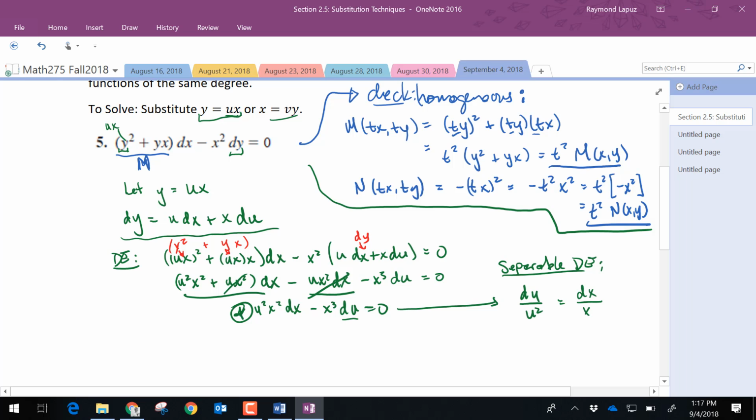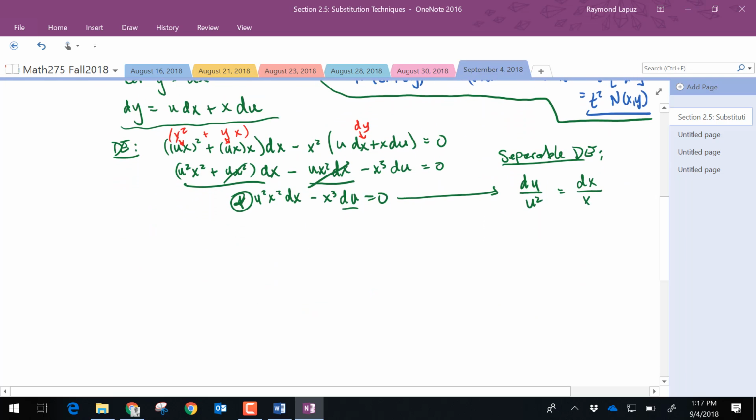All right. So now we'll integrate both sides. And if you say that the integral of the left-hand side is ln u squared, a common mistake here is that when you integrate this, you're going to get ln of u squared.